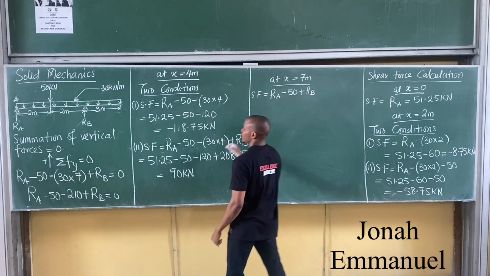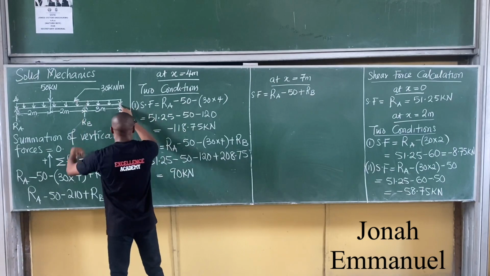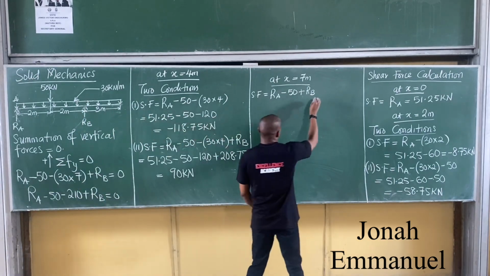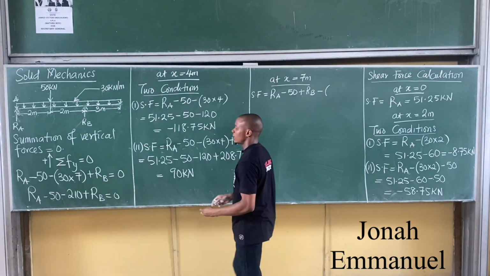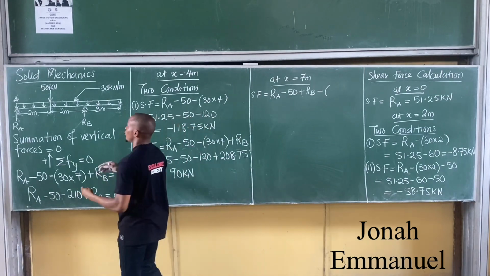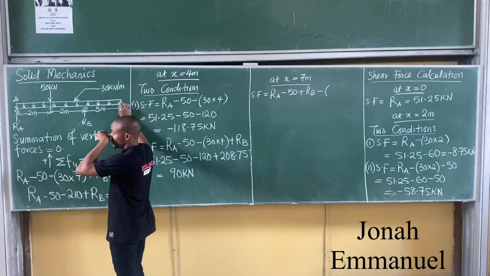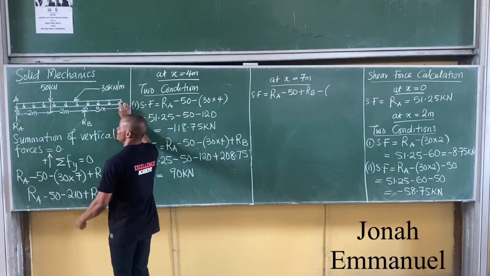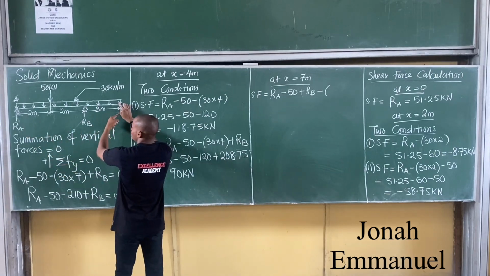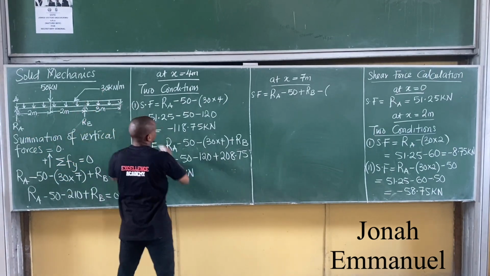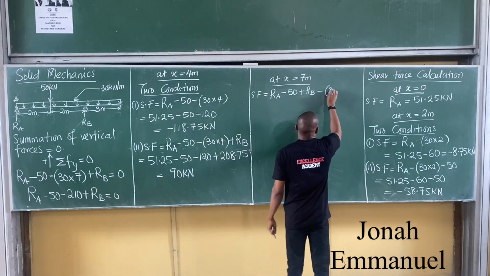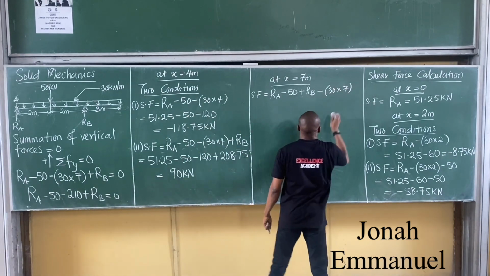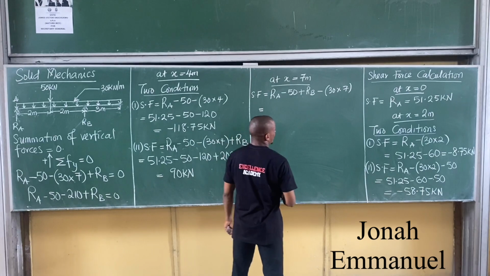I have the UDL coming downwards, it becomes negative. Your task is to convert the UDL to a point load. That means multiply the UDL by the distance. In this case, I'm considering 7 meters, so it becomes 30 times 7.